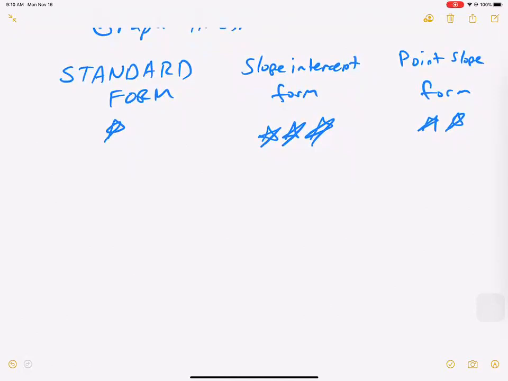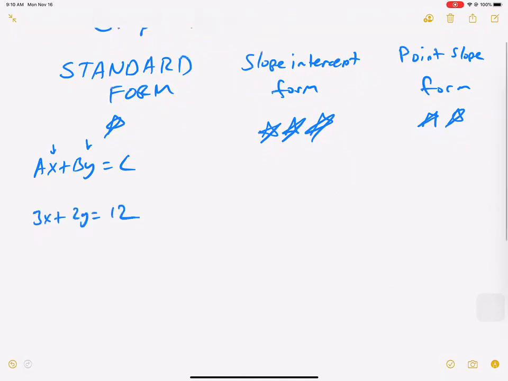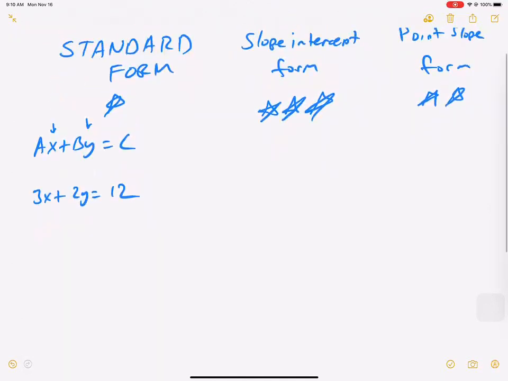If I write something in standard form, remember this was ax plus by equals c, where x and y, that's the key feature, x and y are on the same side. So when we had something like 3x plus 2y equals, let's say, 12 here, in standard form, one cool thing is that we could solve for the x and y intercepts super fast.